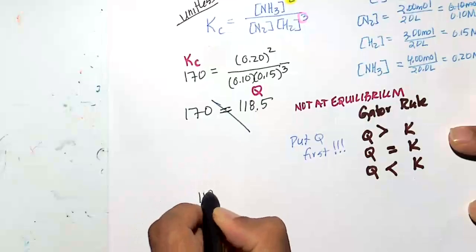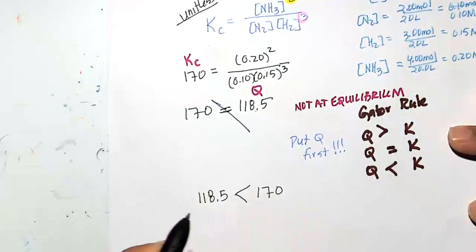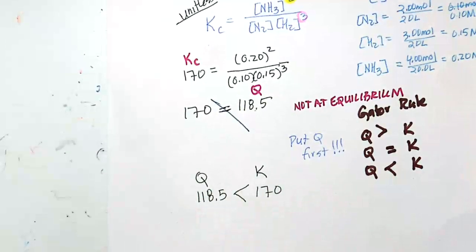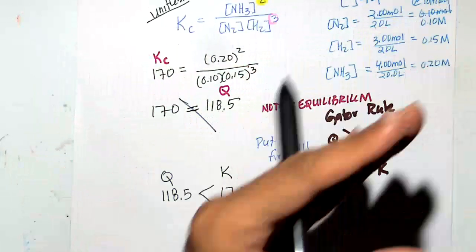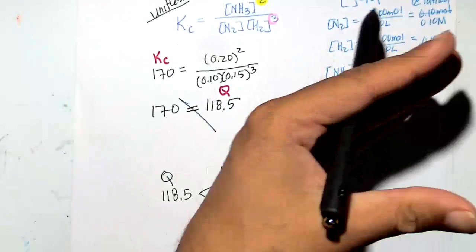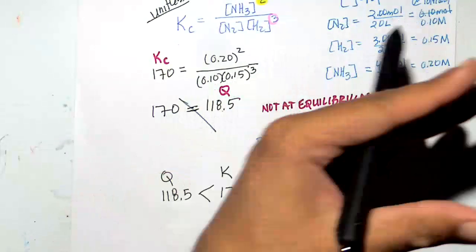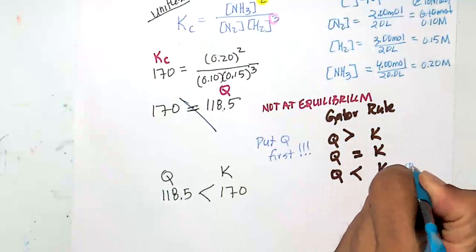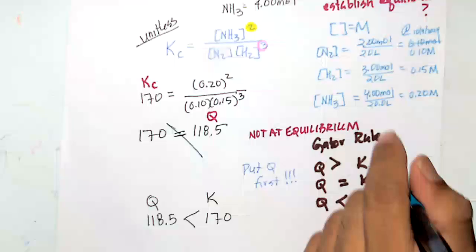So Q first is 118.5, then 170, and we can see that Q is less than K. If Q is less than K, where do the alligator jaws point, to the reactant side or product side? They're pointing to the product side. So the answer: we're not at equilibrium.